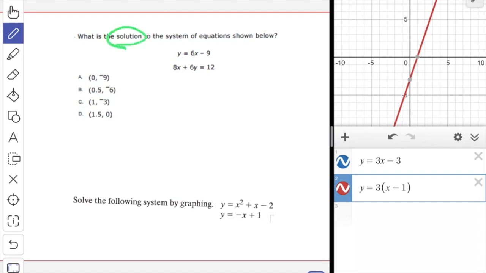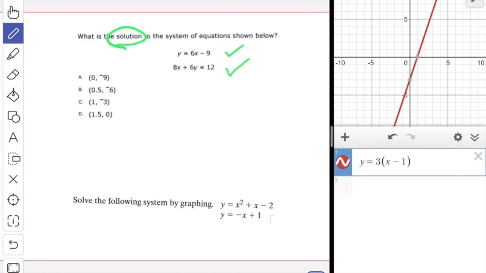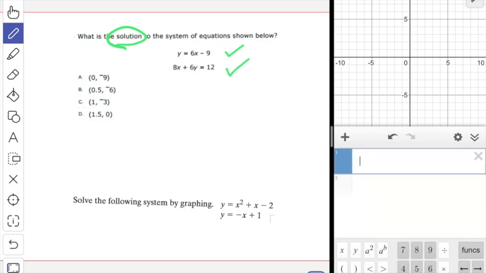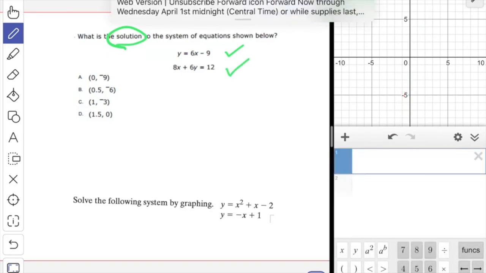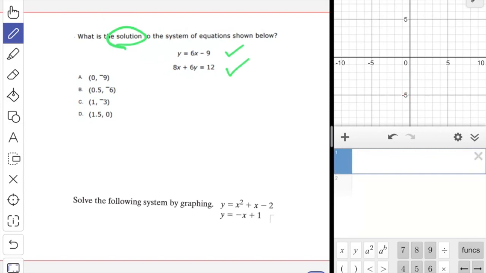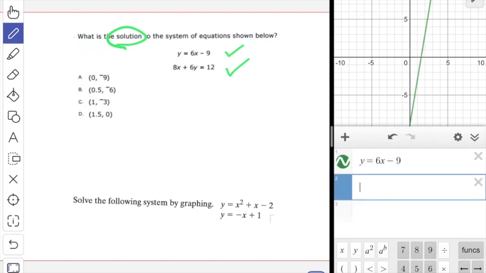Now, one thing I want to draw your attention to for this first equation is that it is in slope-intercept form. The second equation is in standard form. That is okay because we're going to look at it graphically, and Desmos will graph both of those. So I'm going to put it into Desmos, and I have y equals 6x minus 9, and then I have 8x plus 6y equals 12.